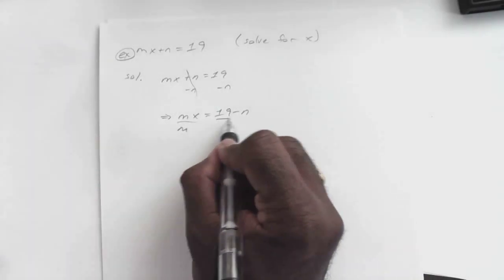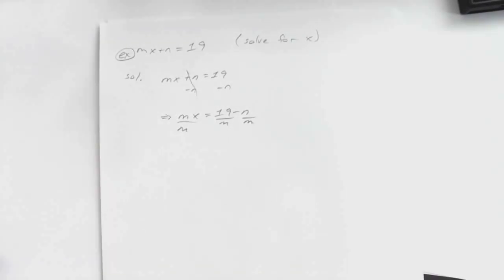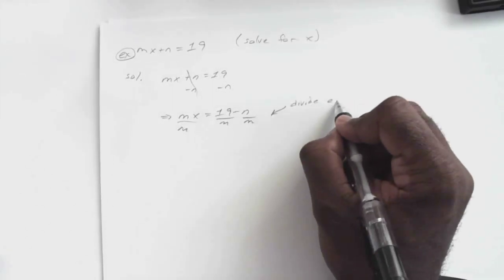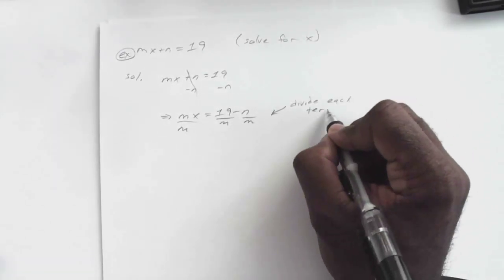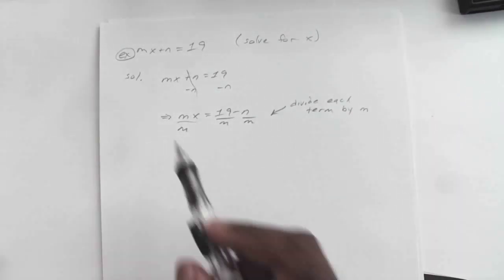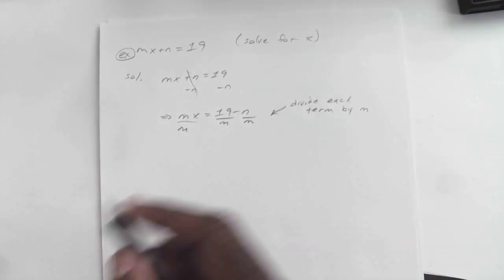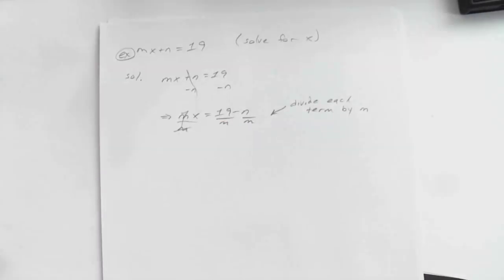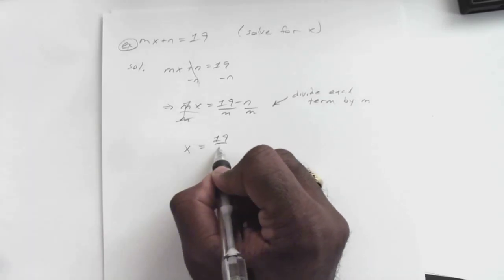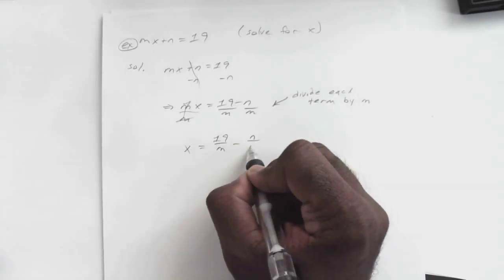So if we divide each term by m, anything divided by itself will always give us 1. So you have x equals 19 over m minus n over m.